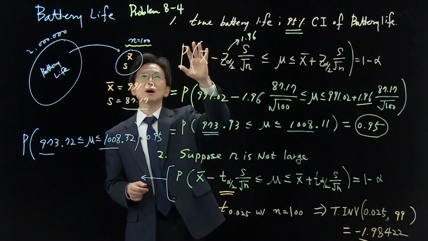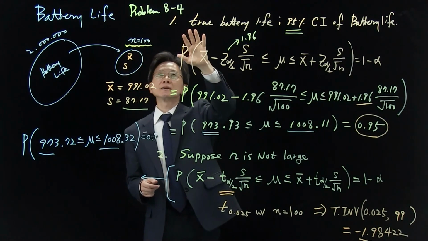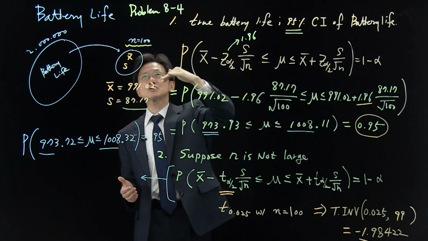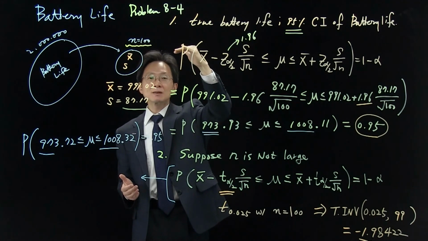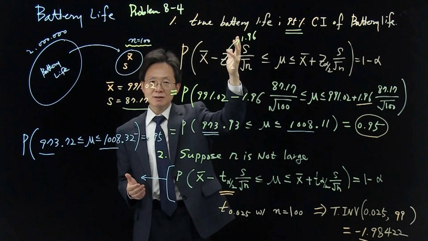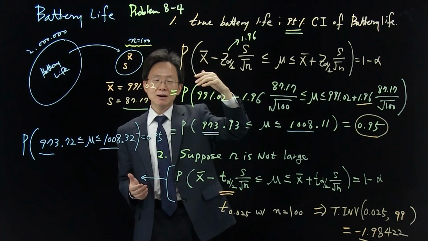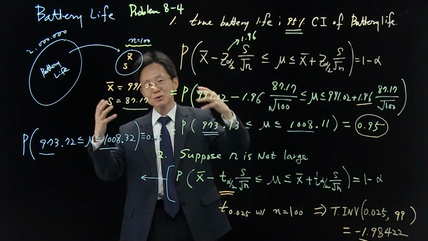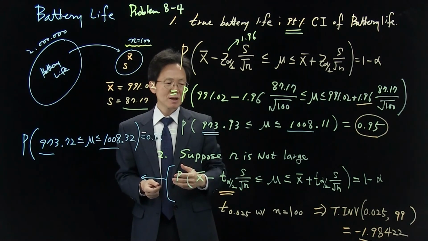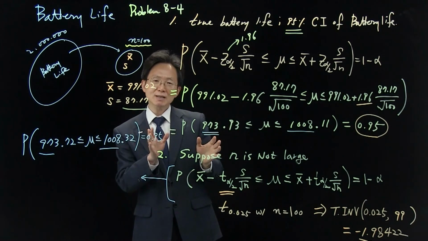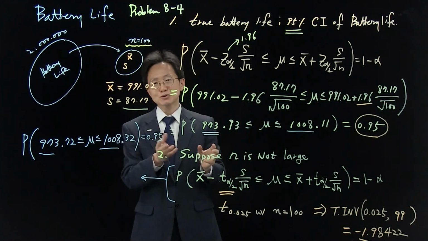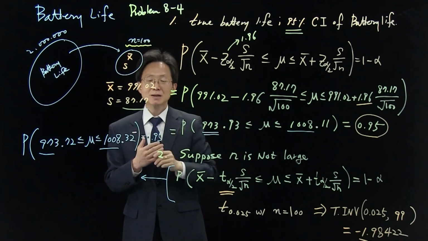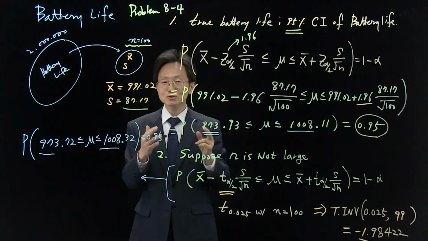So I want to give you, let's say, 4 or 5 minutes to read the questions in this problem, number 4 in chapter 8. And then after that, I will ask my TA to show you how to use the StatTools and how you get this confidence interval. Obviously, before you get this confidence interval, you should do this sampling first. And remember that we learned 2 different ways.